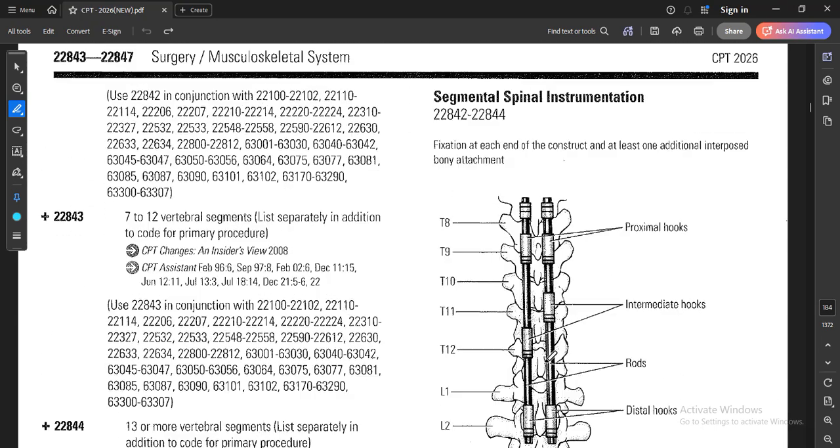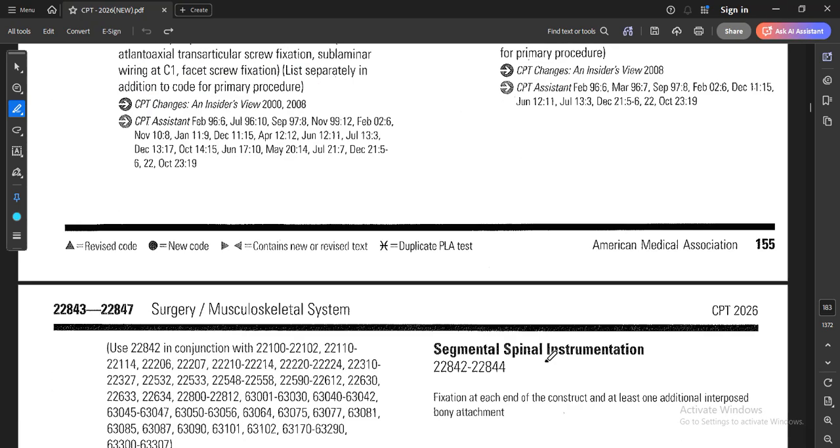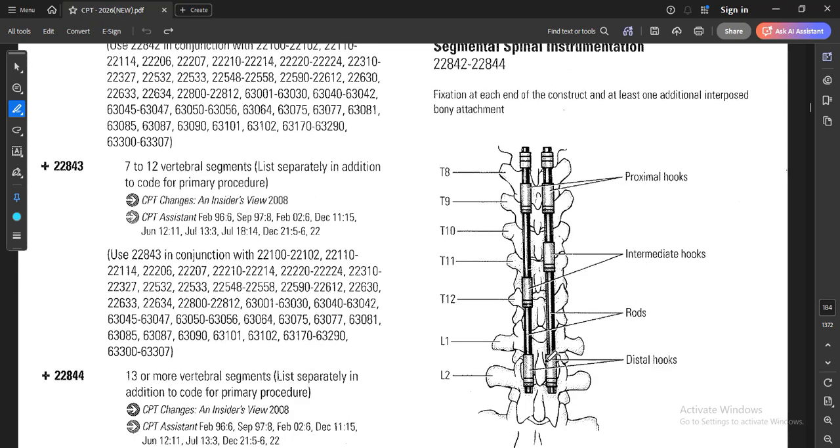Next 22843, based on the number of vertebral segments. 3 to 6 is 22842. 22843 is 7 to 12 vertebral segments. So tell me, is vertebral segment a bony part of the vertebrae, or cushion material, or non-bone part?